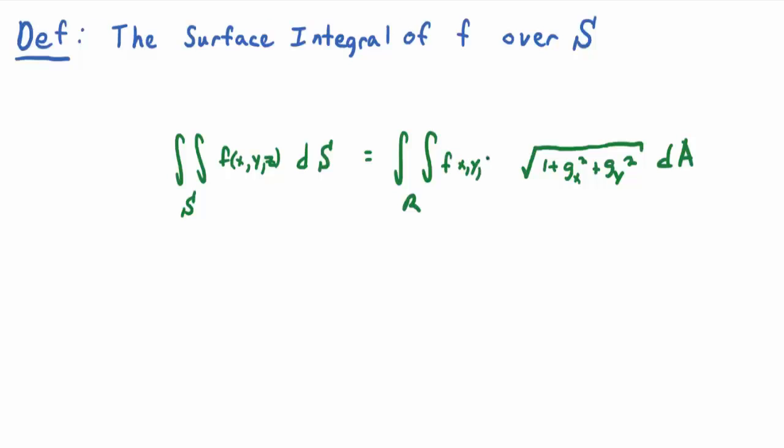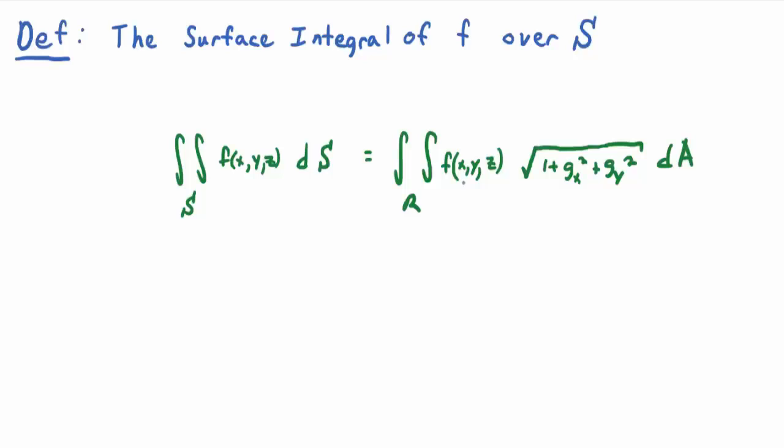So the function is going to be called f of x, y, z. What could f of x, y, z represent? It could represent a density function in mass per unit area. Just like when you find the mass of a planar lamina, when you integrate the density function rho, you find the mass of that entire lamina.